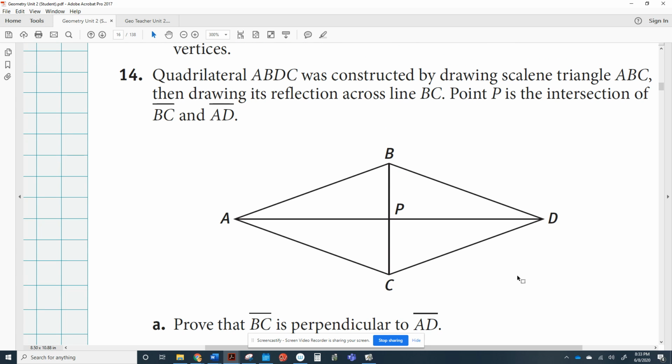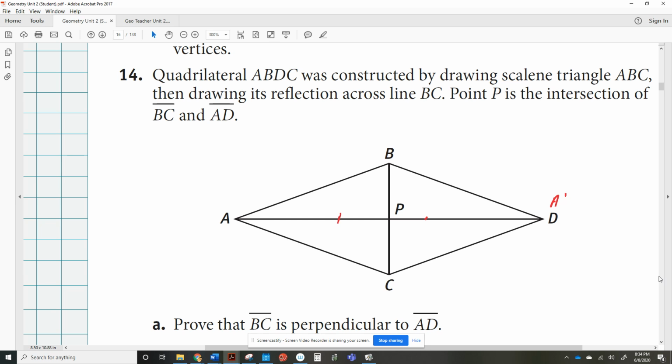Okay, well, these two right here, since this is the reflection and this is the pre-image over here, this is kind of like calling this A prime. It's the image of the pre-image. And so what did we learn that the line of reflection did? The line of reflection is halfway between the pre-image and the image.